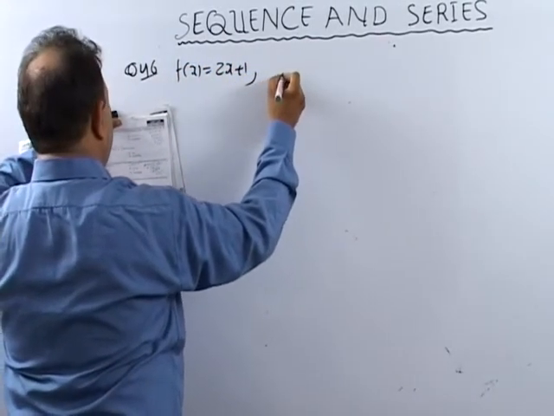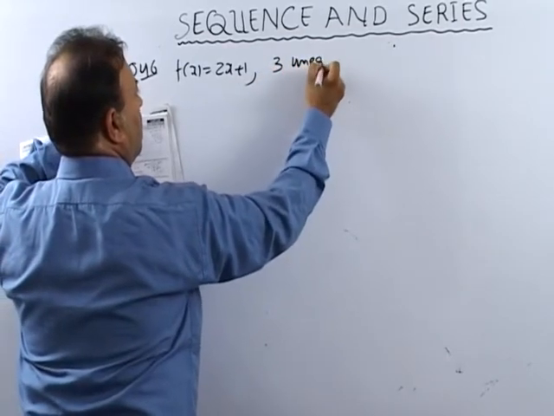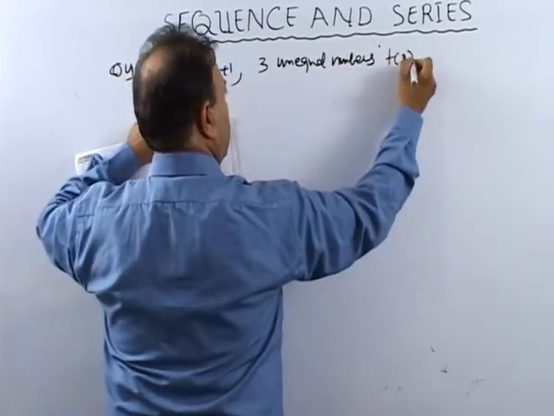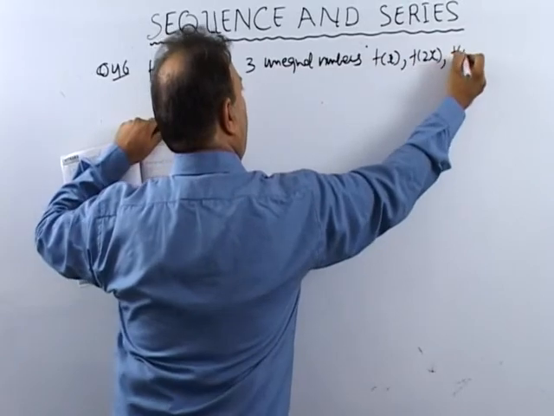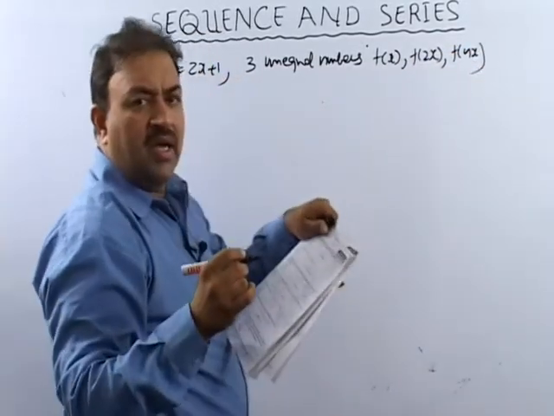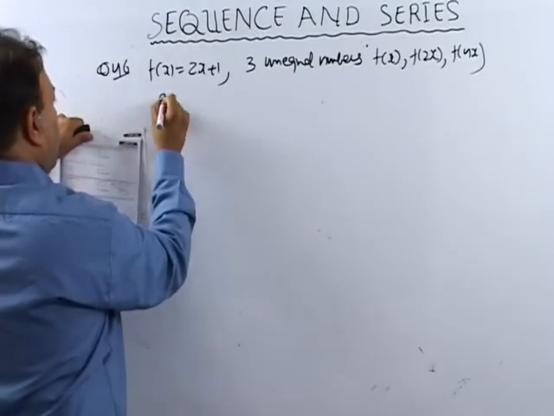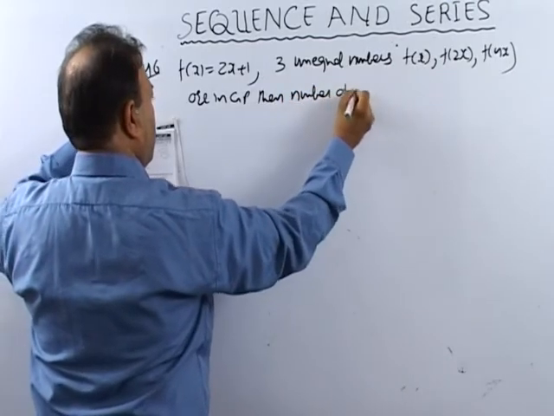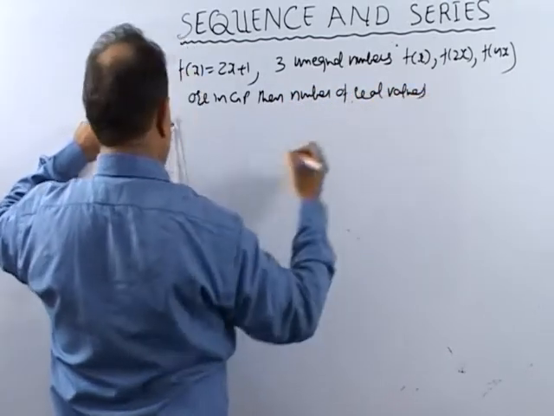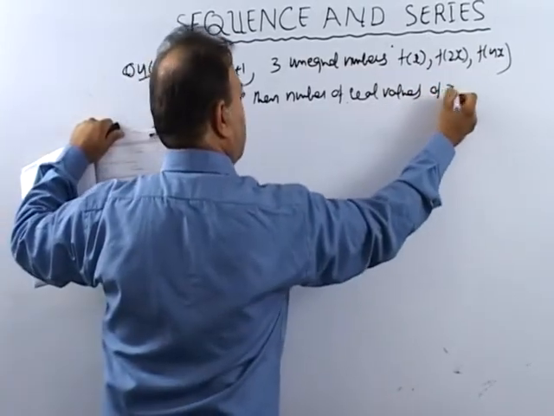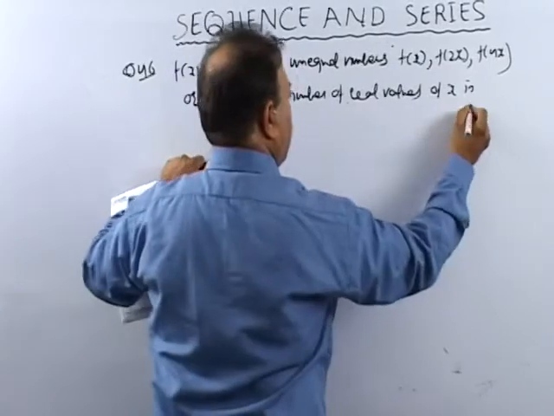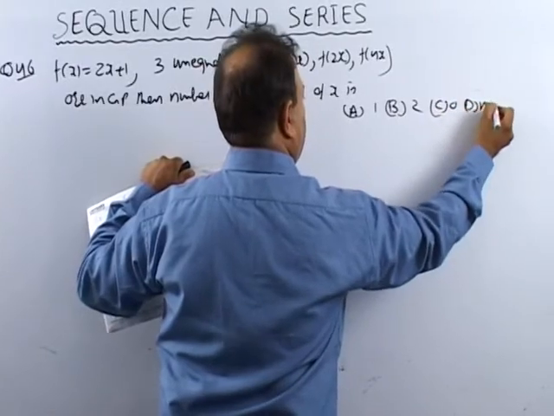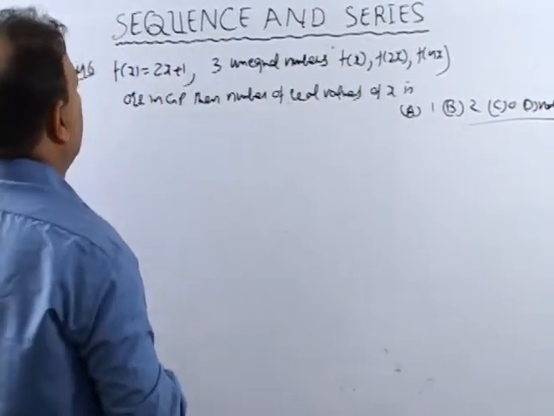We have been given three unequal numbers fx, f2x, f4x in GP. Then the number of real values of x is: A part, 1; B part, 2; C part, 0; D part, none. These four options have been given to us.